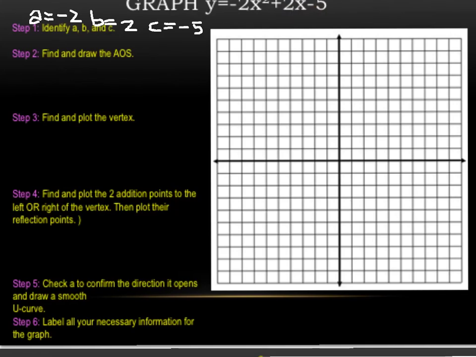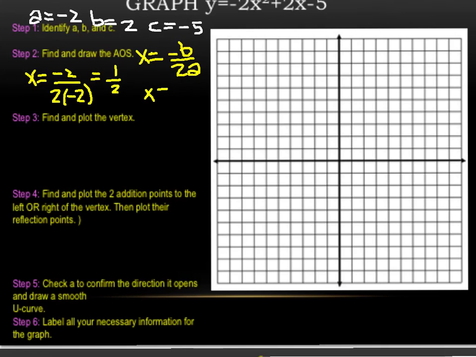Now I need to find and graph my AOS. Well, remember the AOS is always x equals -b/2a. But I know what A and B are, right? So I'm going to plug in. I've got -2 over 2 times A, and A is -2. So that's going to simplify and give me a +1/2.